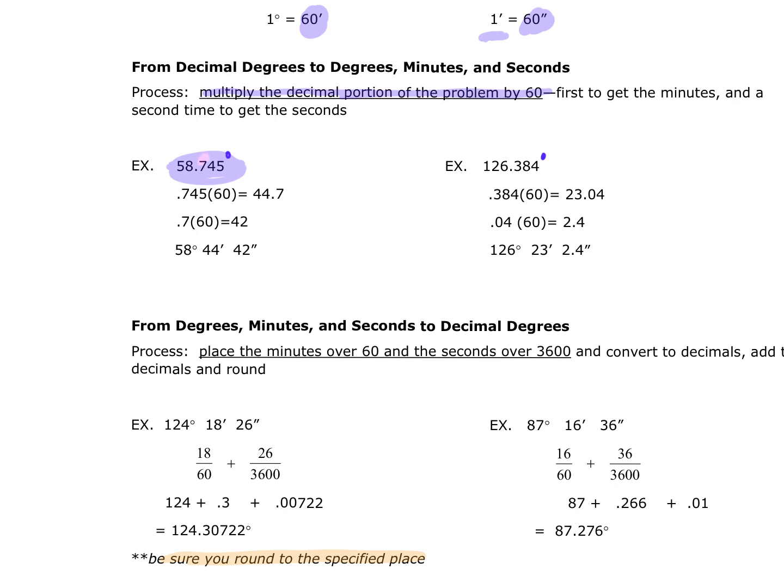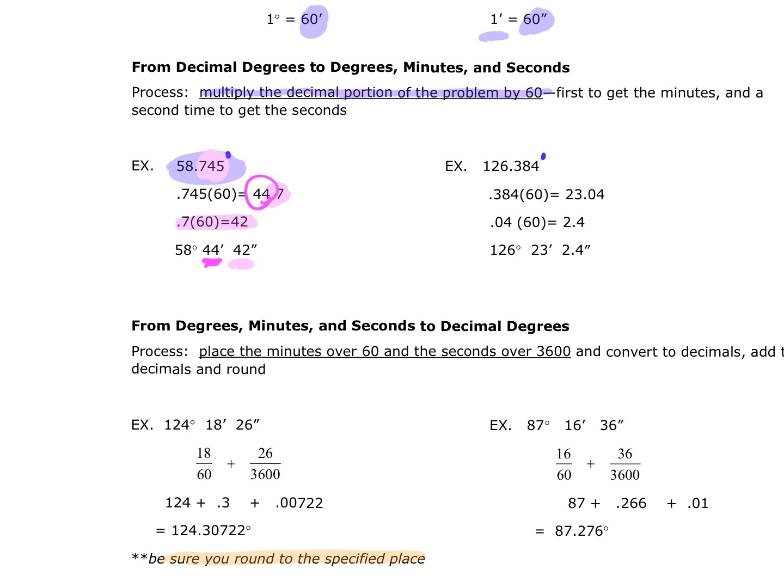So just this decimal portion, that 0.745, gets multiplied by 60. At that point, notice this 44, that's the number of minutes that we have. But then we take that 0.7 that we got as our decimal in that answer, and we multiply that by 60 again, and that gives us our seconds.